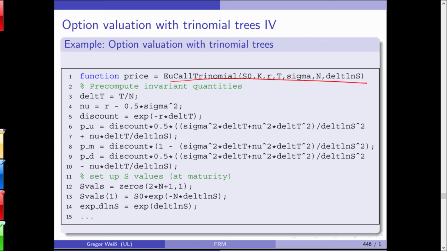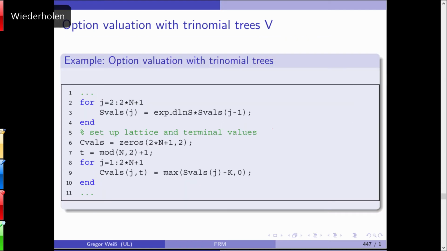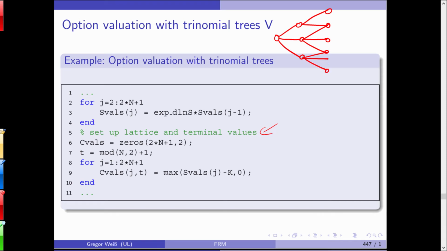And then we set up the S values at maturity. We come up with the lattice and the terminal values, and it's basically the same. Remember that now we have three states, and the lattice will look like this. It will look slightly different, but the way of computing the option price is the same.